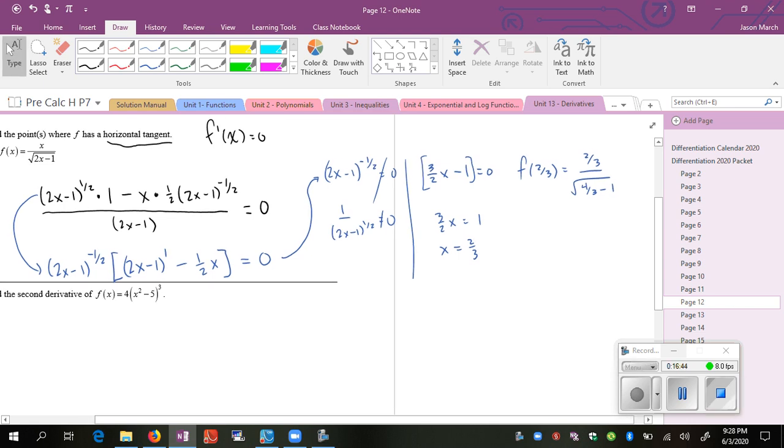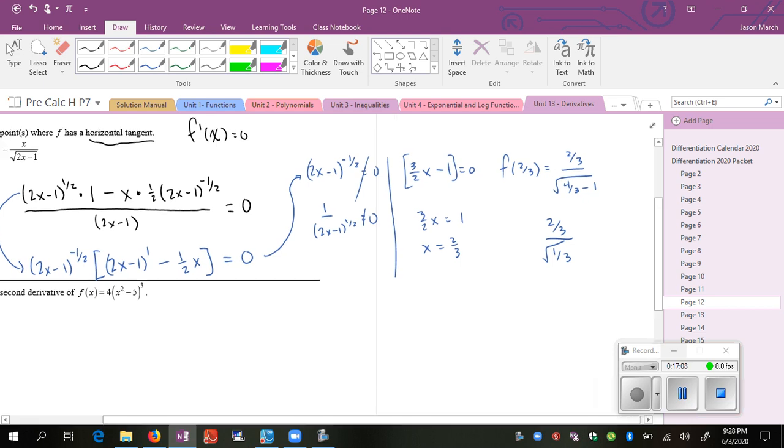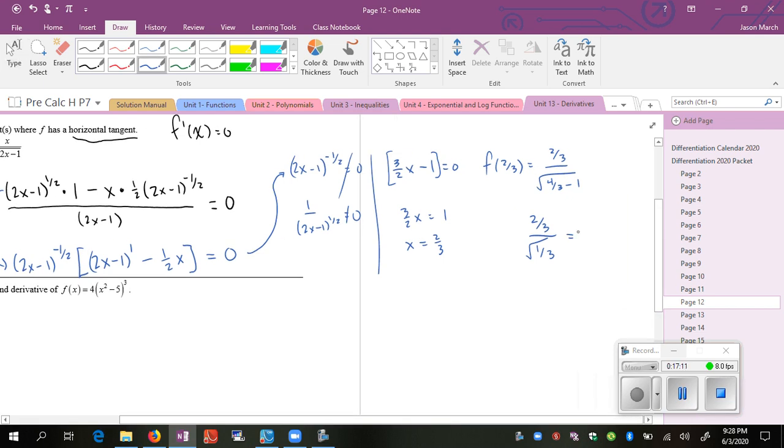So we have 2/3 divided by the square root of 1/3. That doesn't really look very pretty, does it? I'll even write it like this. That's the y coordinate. If we don't like having the complex fraction in there, we can multiply the top and bottom by radical a third. It just doesn't look pretty at all.